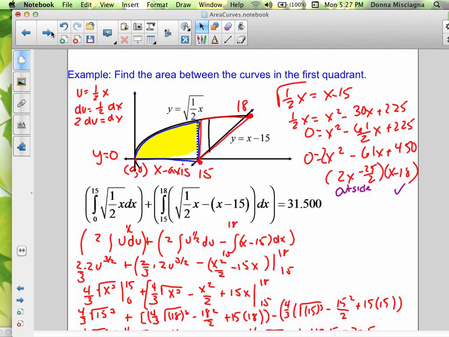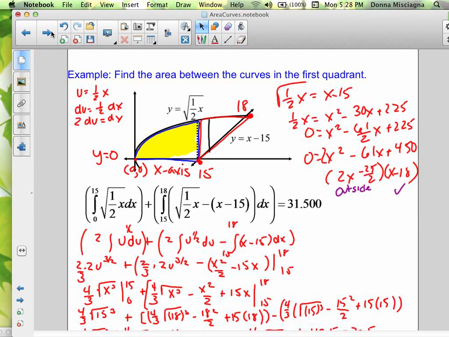All right, so we have 1/2 x equals x squared minus 30x plus 225. Now I subtracted 1/2 x from both sides. Quite honestly, before I even did that, I should have just multiplied by 2, because I do that on the next step. We have 2x squared minus 61x plus 450. That does factor.